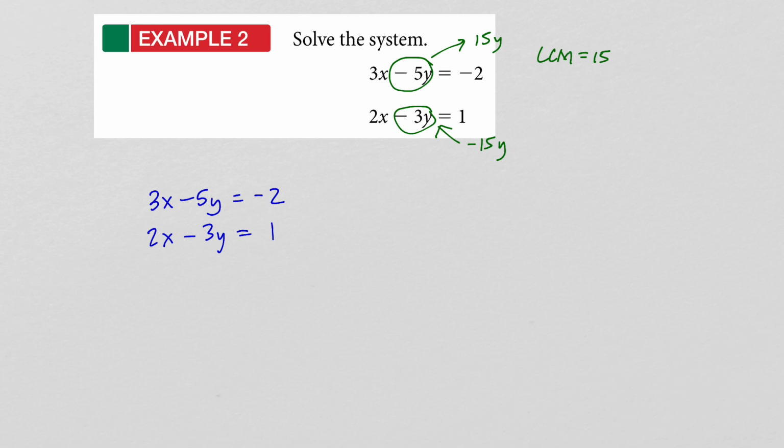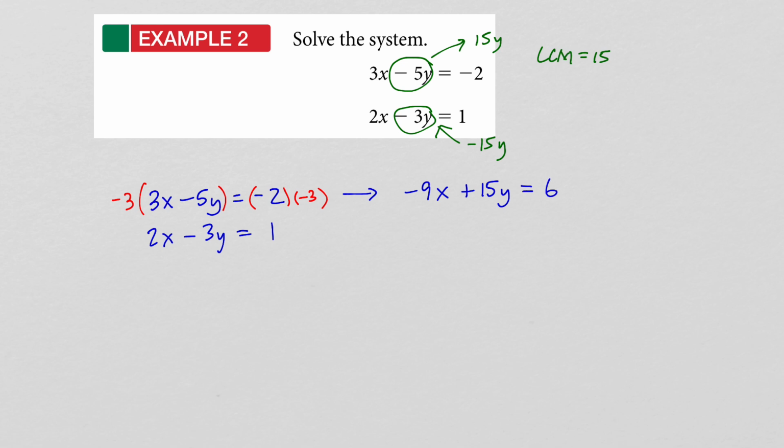So if I want my -5y to be turned into a positive 15y, to do that, I'm going to need to multiply both sides of this equation by -3. Now, when I do that, this becomes -9x plus 15y is equal to +6.